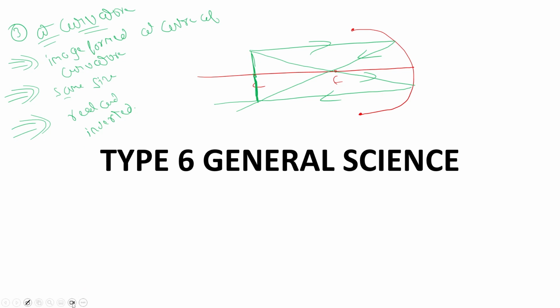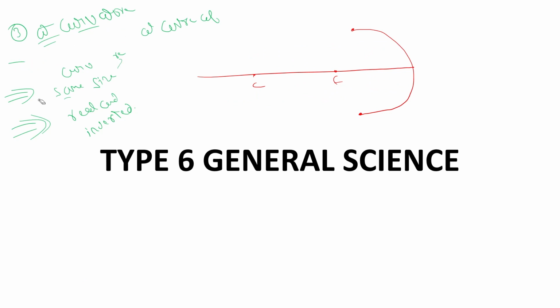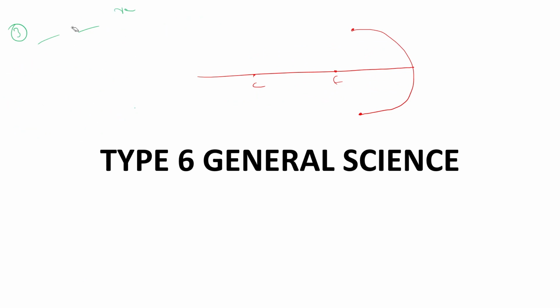Now, let's discuss the fourth scenario. Third we had discussed. Now the fourth scenario is between C and F. Now it is between the center of curvature and the focus, somewhere at this point.